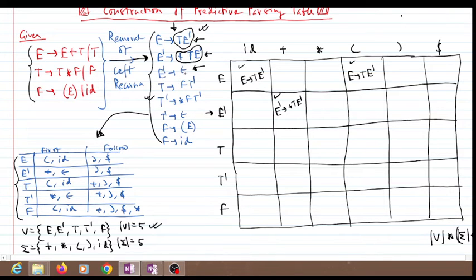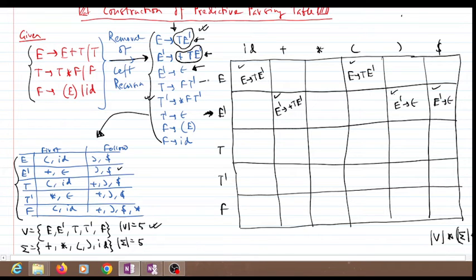Here we cannot find the first of this right hand side, so we have to find the follow of E dash. So what is follow of E dash? The follow of E dash is closing bracket and dollar. So we are still in the second row. So we will fill these cells by this production rule.